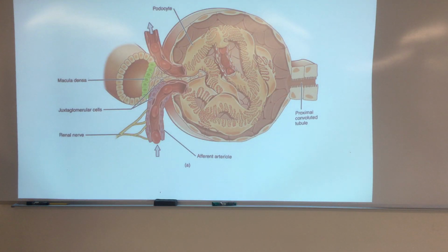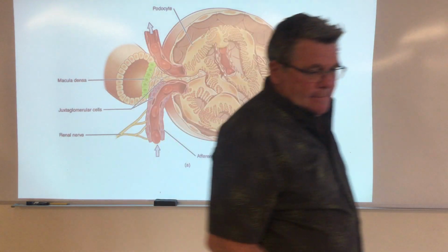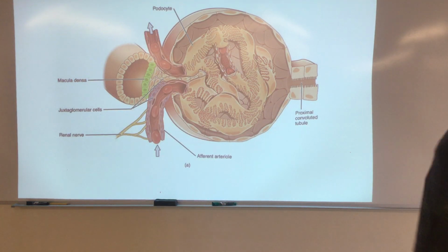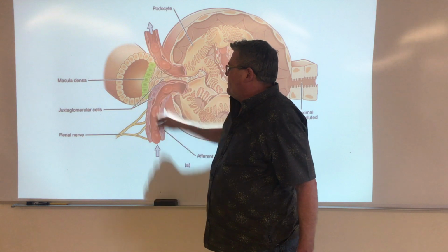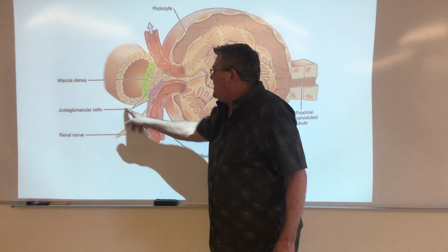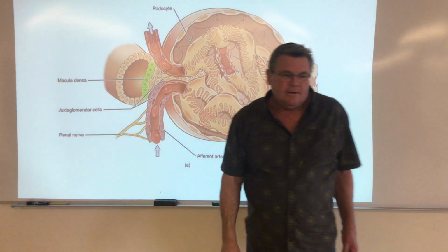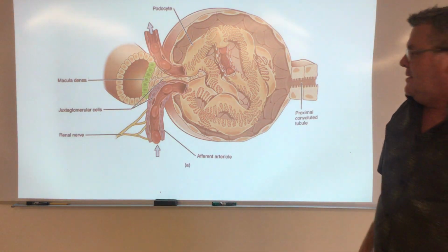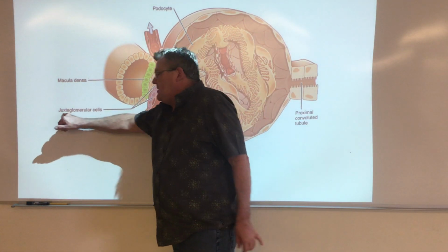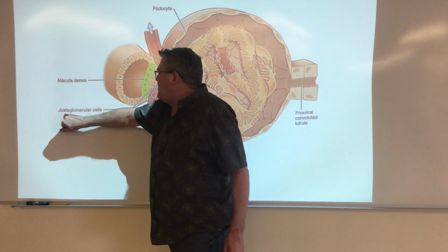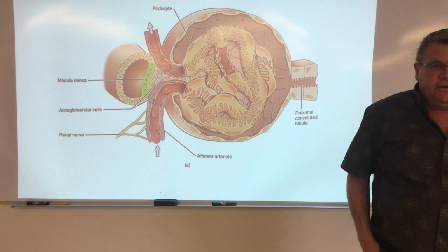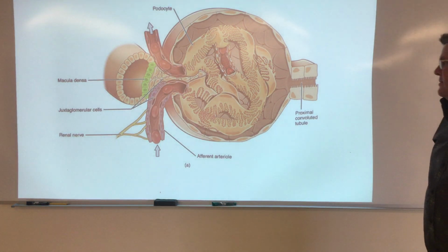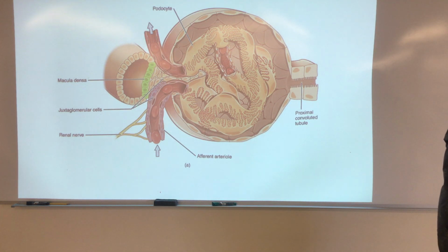Now, I just mentioned blood pressure. And I want to go back to this. This area in here is called the juxtaglomerular, see if this is too small for you to read, juxta-glomerular apparatus.